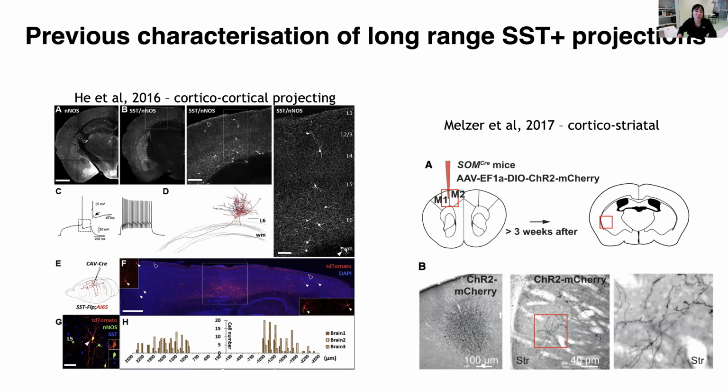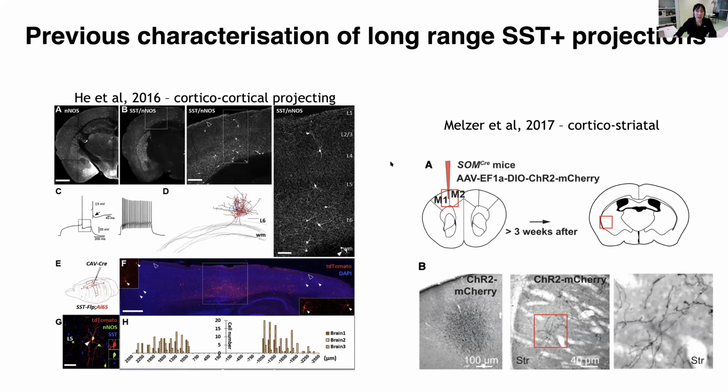We know that these have been characterized for almost a decade, but there's actually surprisingly little that's known about them. He et al. in 2016 used NOS and somatostatin as markers to mark them and generated various combination transgenic lines. And they showed that these can be cortical projecting, projecting from either the visual cortex to the motor cortex or vice versa.